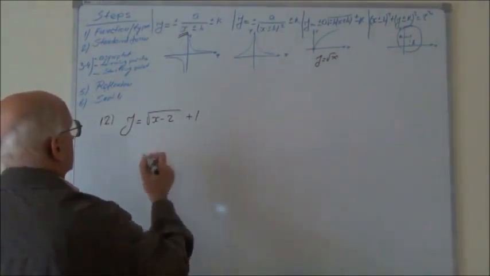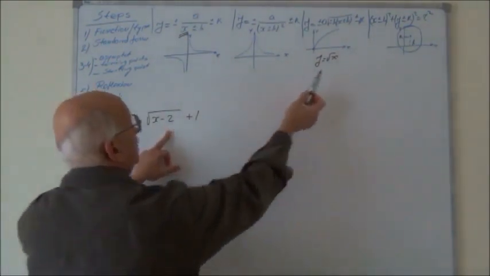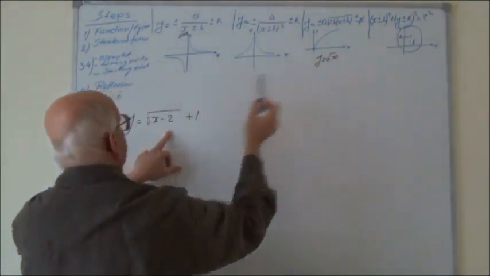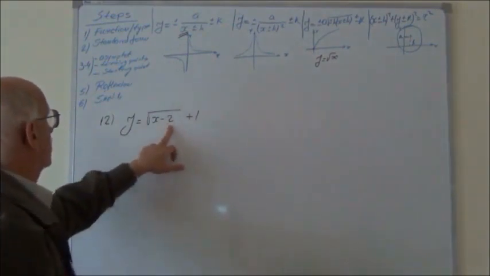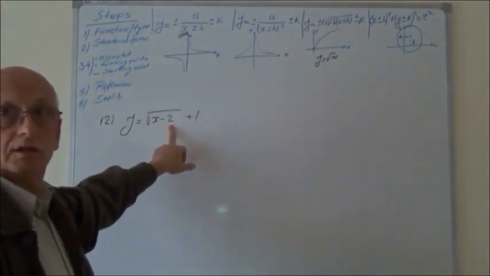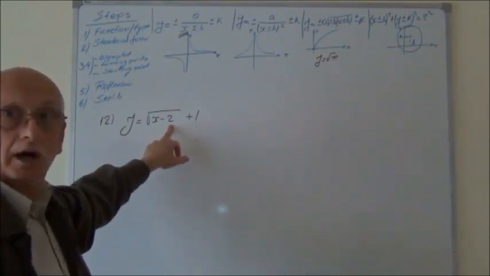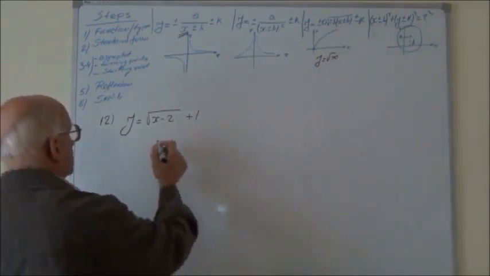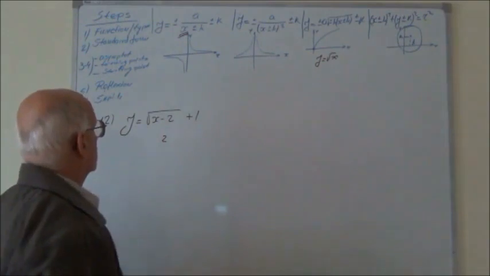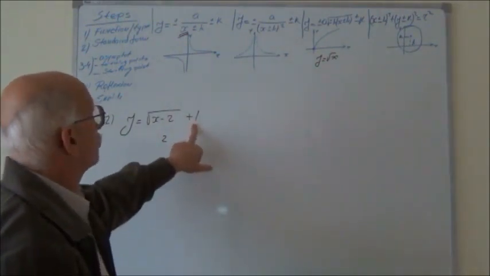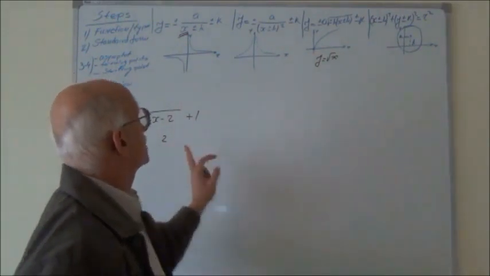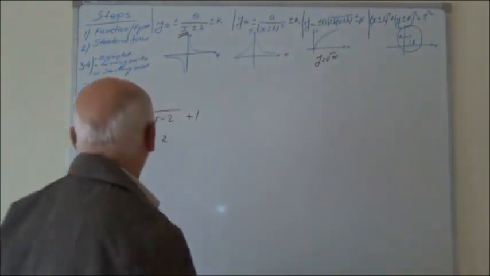That is our first step when we're working with a square root function. So the coordinates: when we compare the basic form and this one, we have a horizontal translation of 2 units to the right, because of minus here. And we have a vertical translation of 1 unit up.